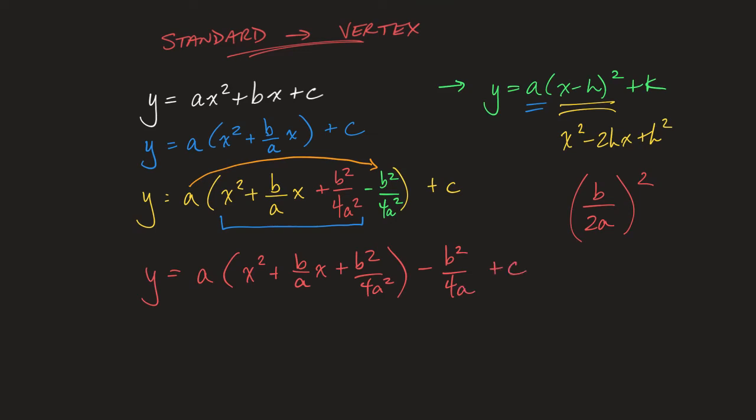Now, I want you to notice I didn't copy out the green fraction. Notice my denominator is different. What I just calculated was a times negative b squared over 4a squared. And we should be good that I could divide out a common factor of a.